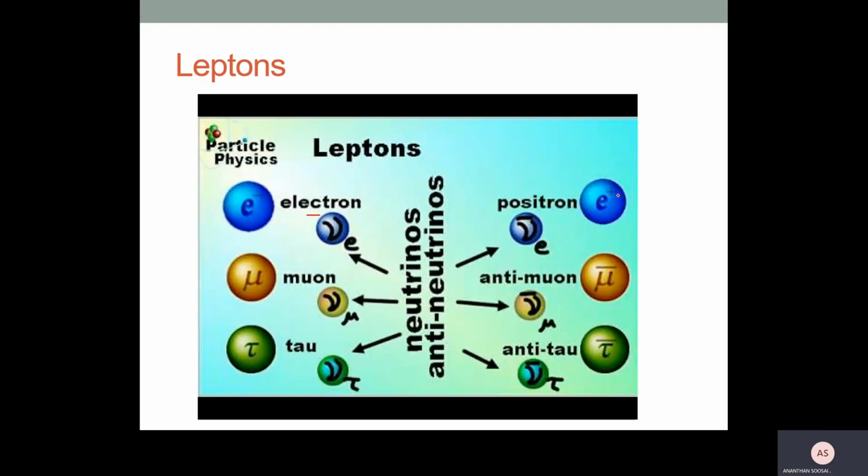For electron we never put a bar, we just put positive. You see, on top is muon bar. We put a line on top. It's called antimatter. Antimatter we normally put a bar. So bar means antimatter. The exact symbol is repeated but with a bar.